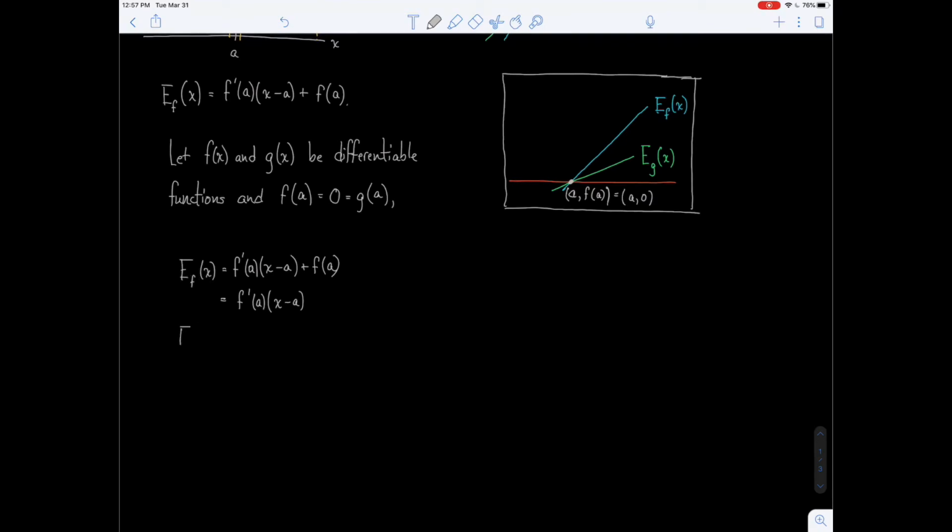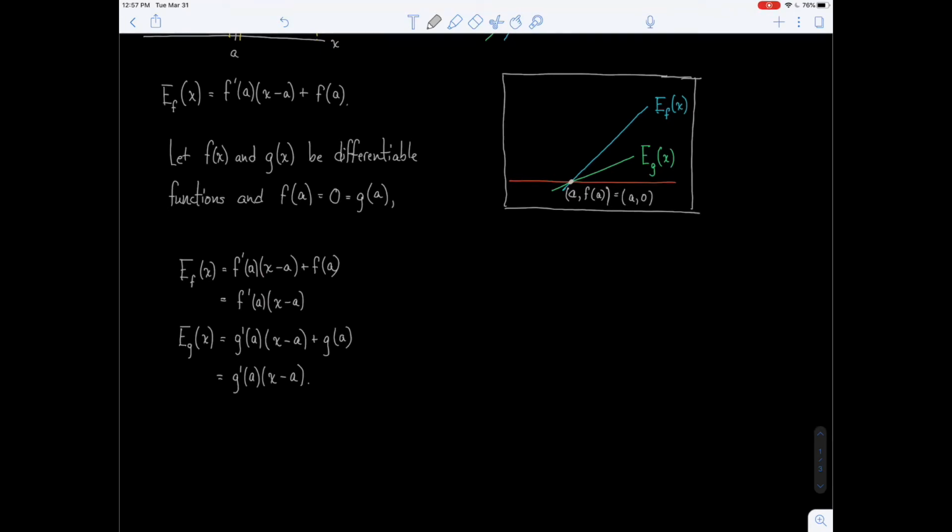For g, I get E sub g of x is equal to g prime at A, x minus A, plus g of A, and again g of A is 0, so this simplifies to g prime of A times x minus A.